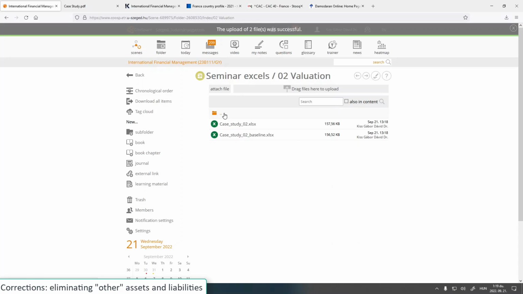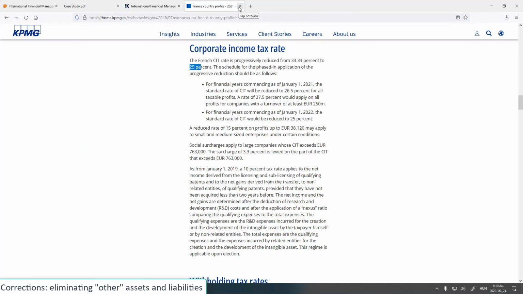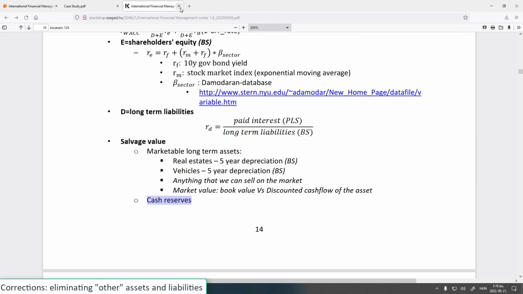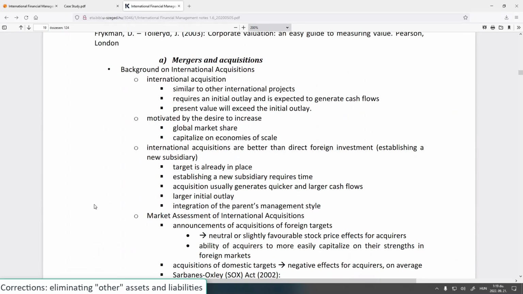So even if you are not able to follow something or there was a mistake in your Excel sheet, now you have the appropriate version. And you can update this as you want. You can test it back and forth. But next week we will go on and we will see how the probability of default is estimated at the company.